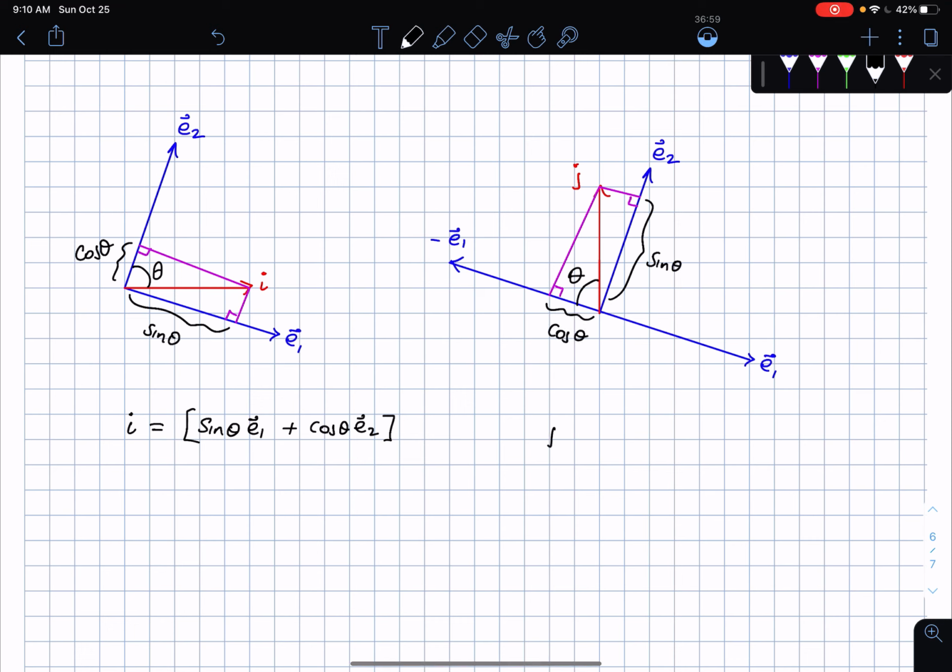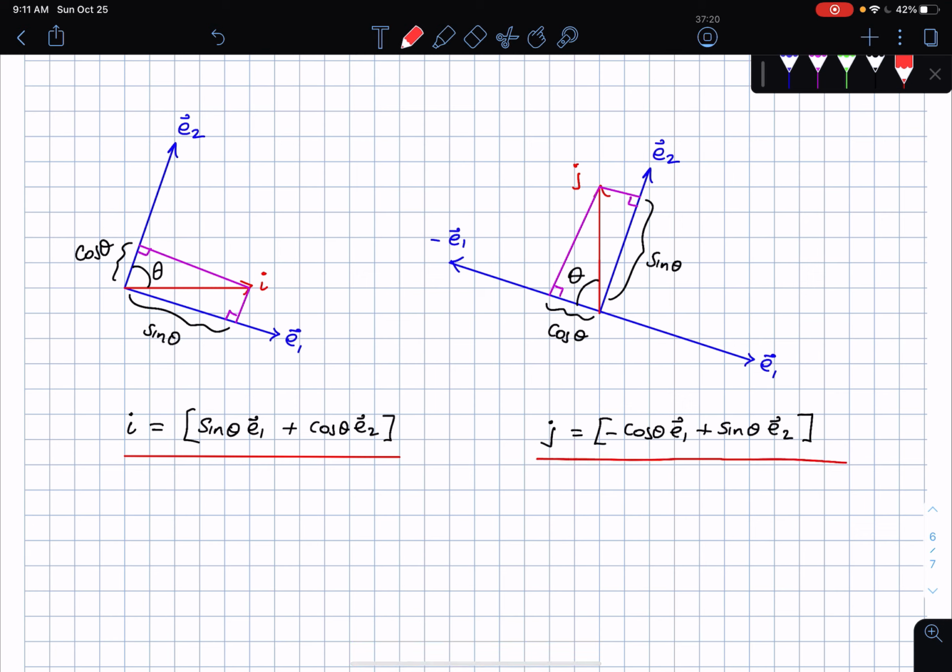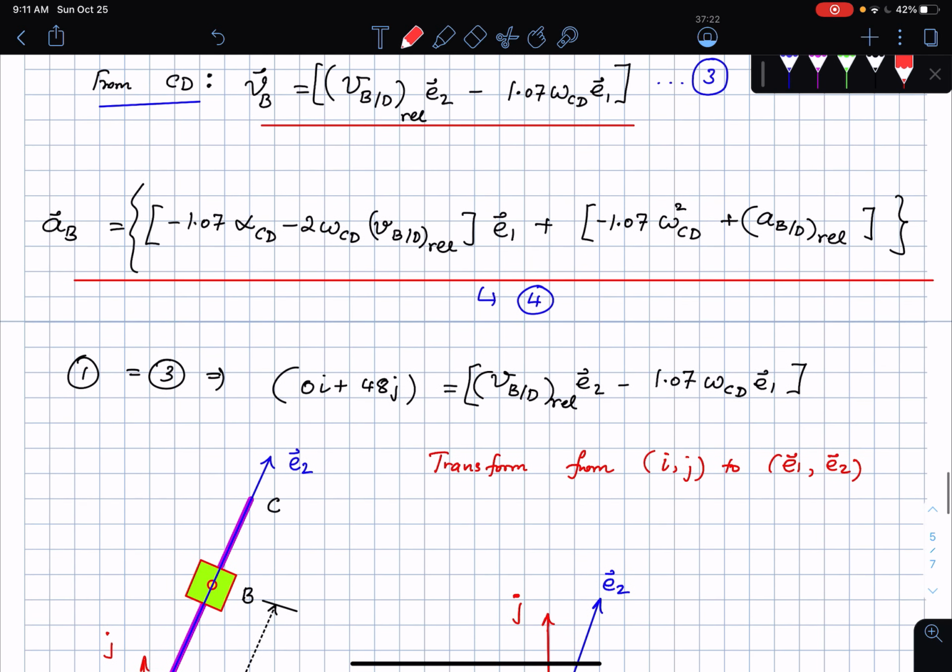And then you can write J is minus cosine theta E1 and then sine theta E2. So these are the coordinate transformations that we have done. And once again, these straight lines, I'm telling you, they can be very frustrating. I'm sure you heard that many times before.